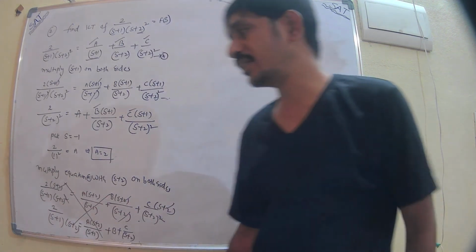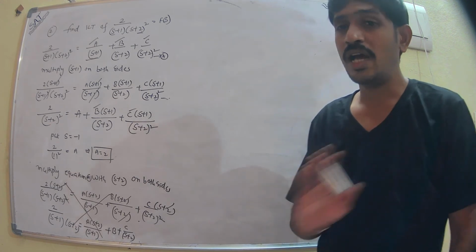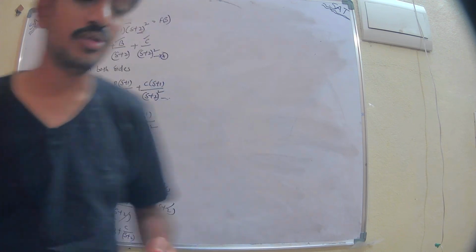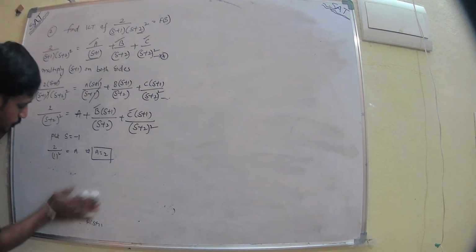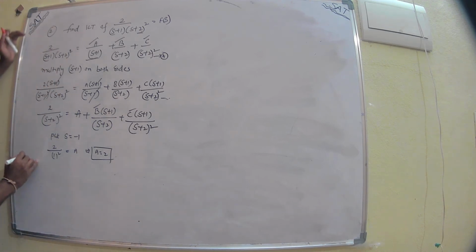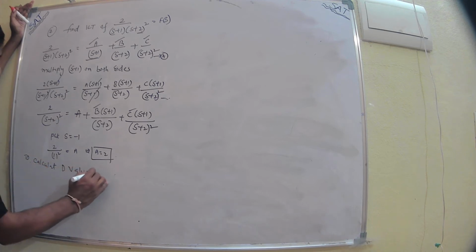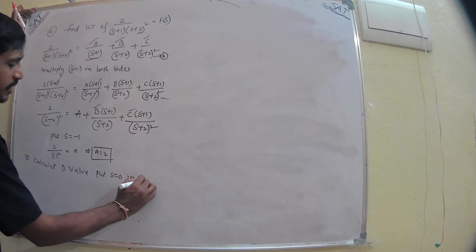Don't substitute s equal to minus 2, don't multiply (s plus 2) on both sides. So what we have to do? We can substitute s equal to 0 to calculate B and C. To calculate the B value, put s equal to 0 in equation 1.